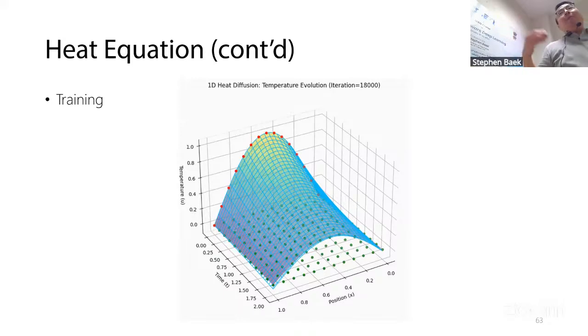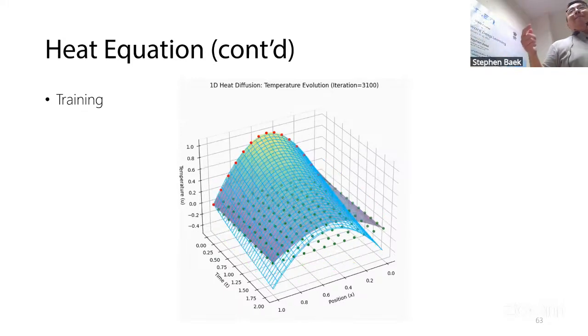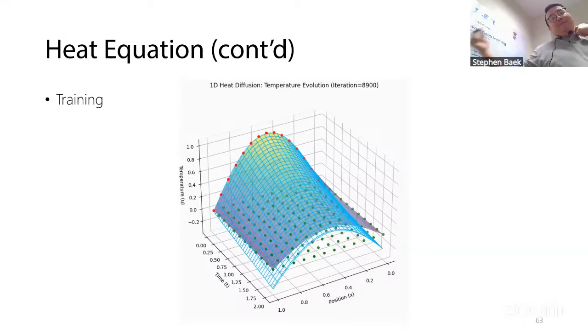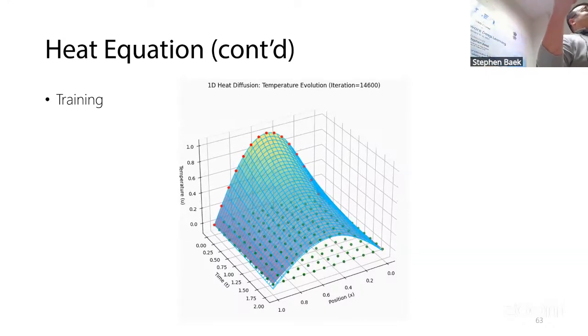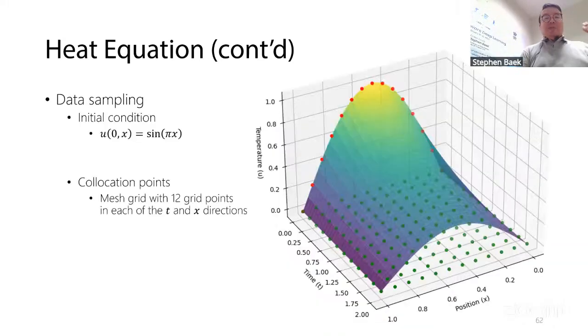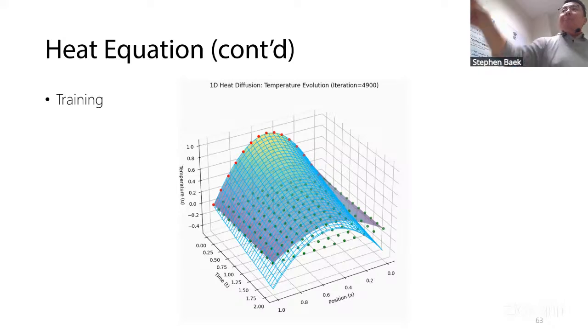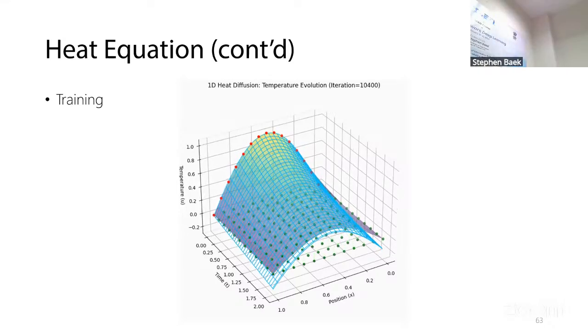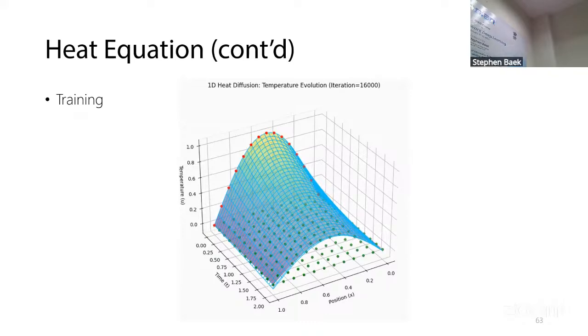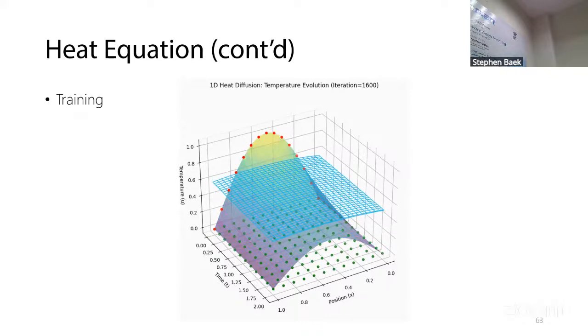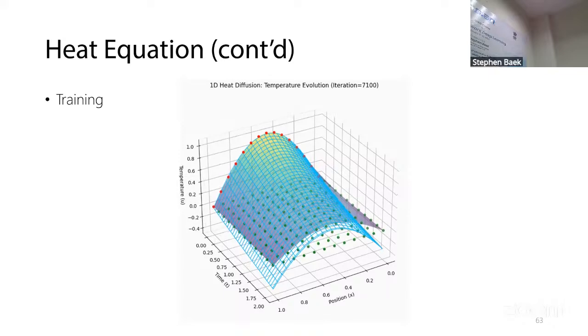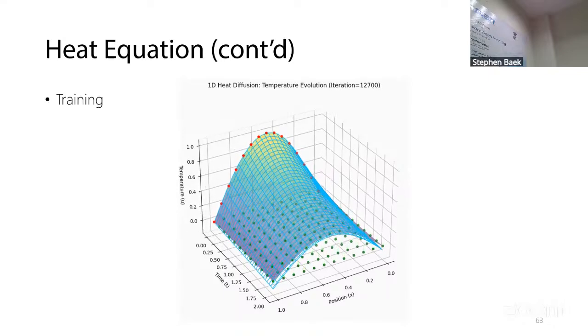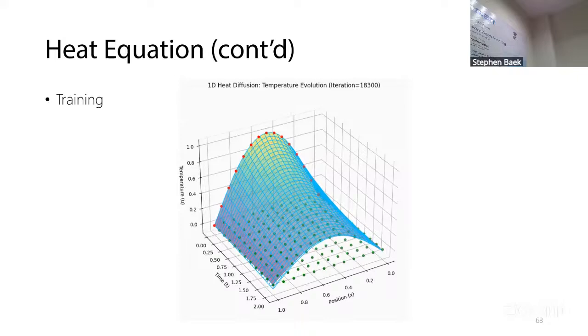At the very beginning, without the data loss terms, the easiest way of reducing the physics informed loss is by saying, oh, nothing happens in the temperature. It's constant everywhere. That's the easiest, trivial solution. So we start from there. And then because of the data loss, initially the network fits the red dots predominantly. And then as we repeat more and more iterations, you can see that the blue surface gets deformed to fit the actual physical process.